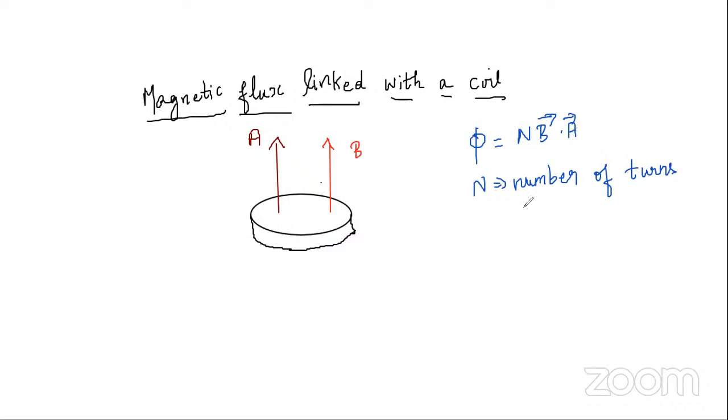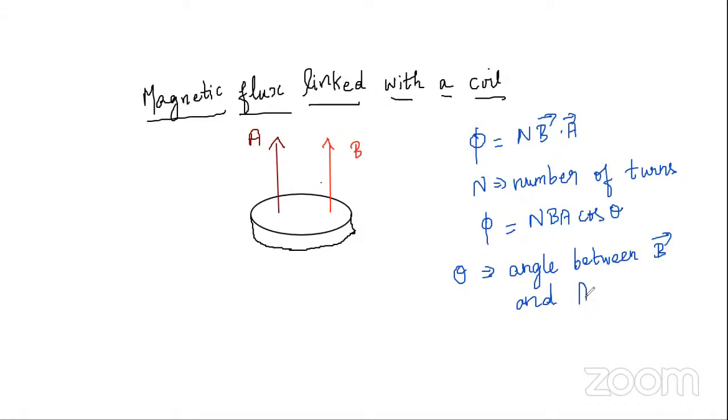And here you are having this dot product. So when you replace this, you will be getting phi equal to NBA cos theta. Theta is nothing but the angle between vector B and area vector A. So phi equal to NBA cos theta.